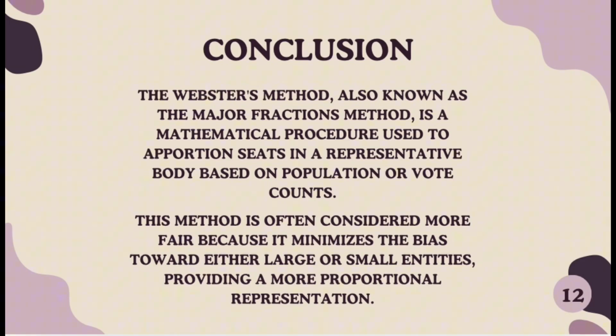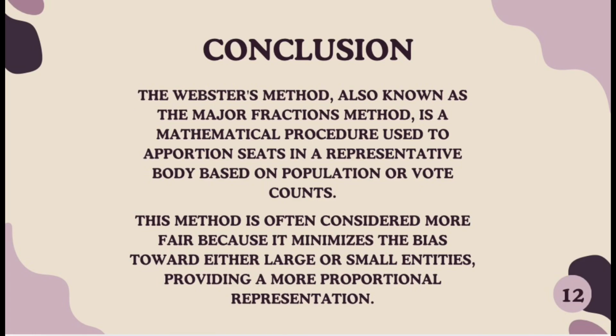Unlike some other apportionment methods, such as the Jefferson or Hamilton methods, which can favor larger or smaller states or parties, Webster's method aims to balance representation more evenly by rounding quotas to the nearest whole number.